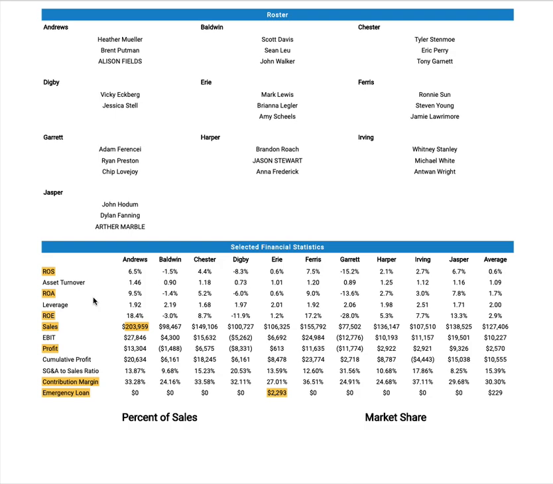ROA is return on asset, which reveals how much profit a company earns for every dollar of its assets. And ROE is return on equity, which tests how efficiently a company's management uses investors' money, and it shows whether management is growing the company's value at an acceptable rate.